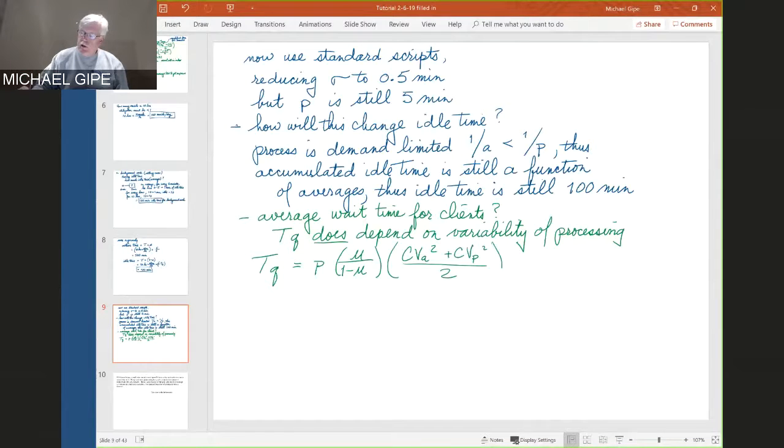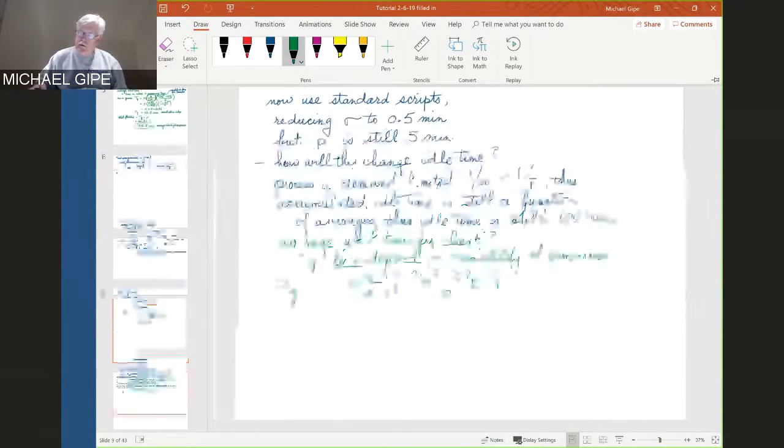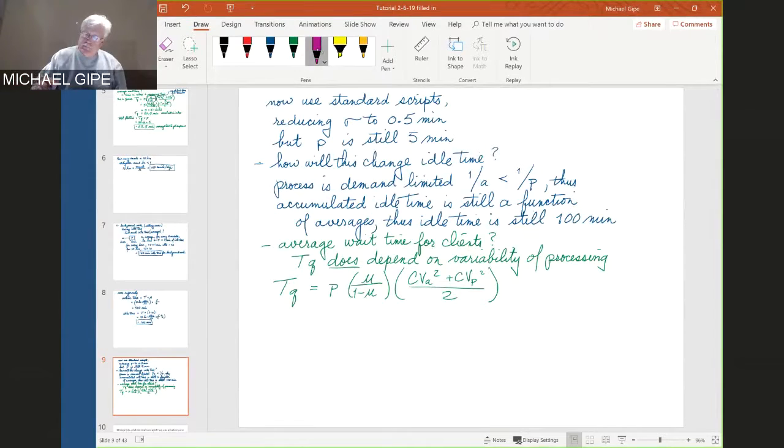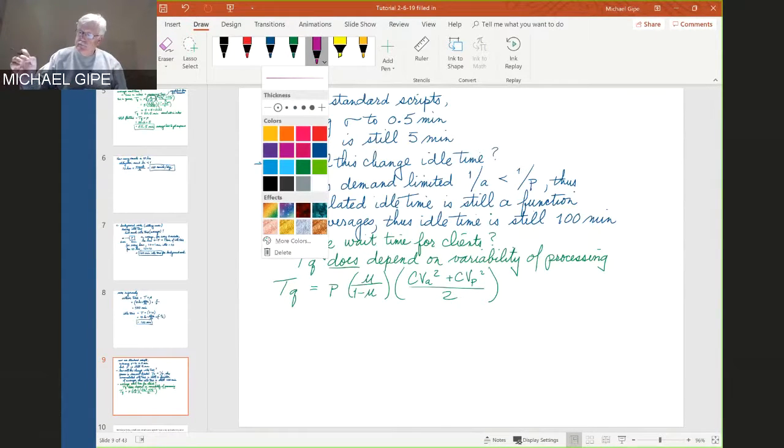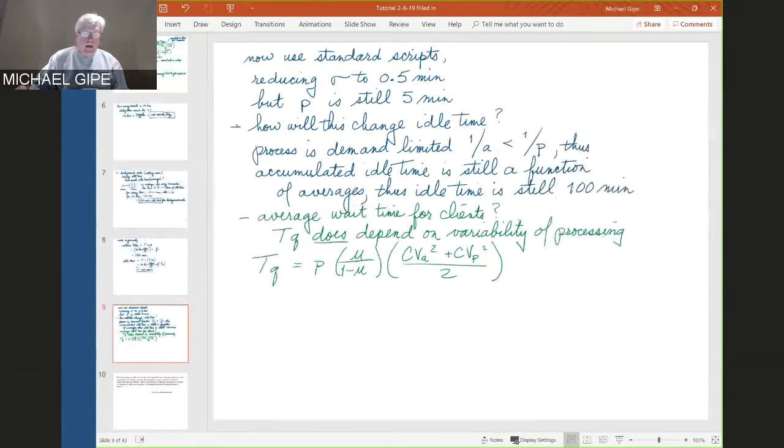And you can see that this is dependent upon a change now in the processing times variation. It's going to be 0.5 divided by the processing time 5.